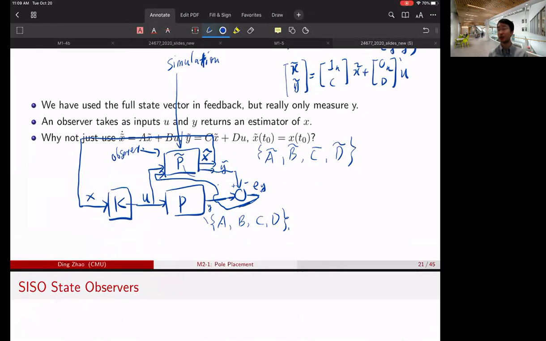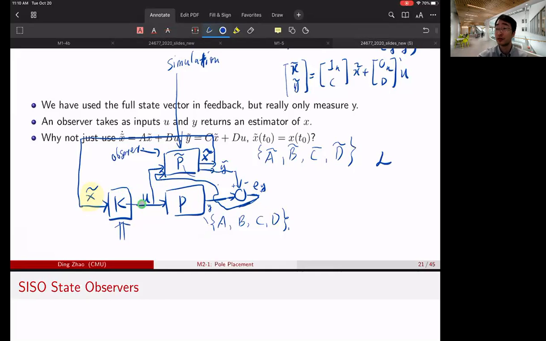In the case that you don't have x to directly feed back to the system, you use y to infer x, and then you get x tilde. So you just use x tilde to feed back to the system. Then everything will work out, and you can tweak how fast your observer is by tweaking L. You can tweak how fast your controller is with K.